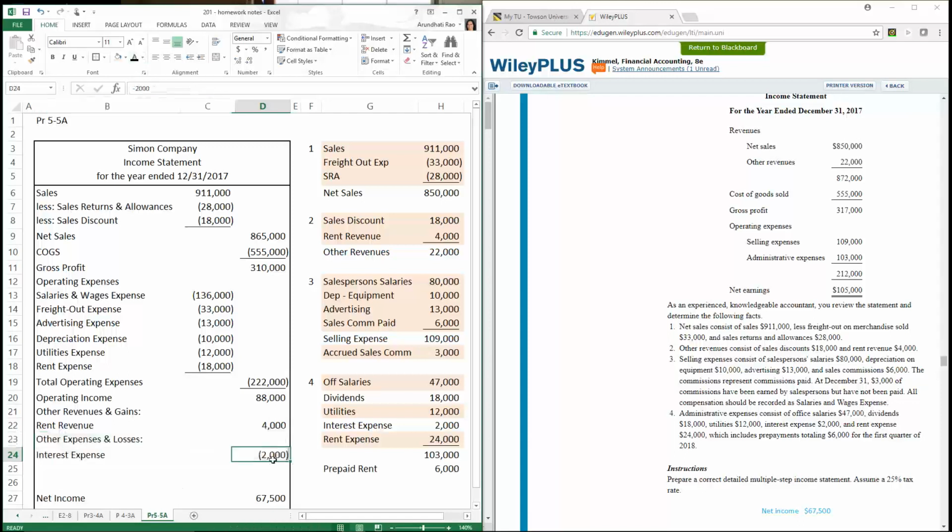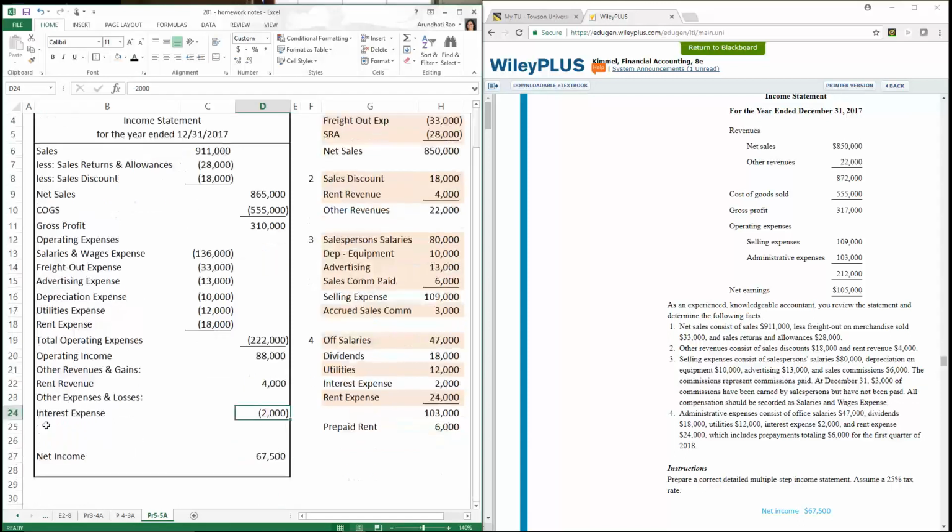So I have interest expense of $2,000, and this now gives me my earnings before my taxes. The earnings before taxes, I have $90,000. At $88,000 in operating income, I added rent revenue of $4,000. I subtracted interest expense of $2,000, leaving me with $90,000 in income.